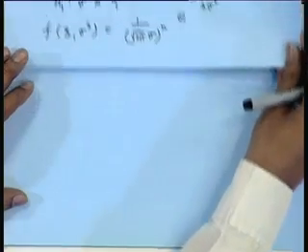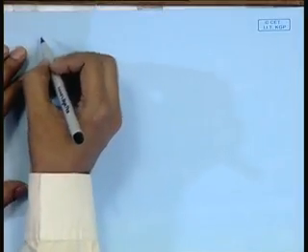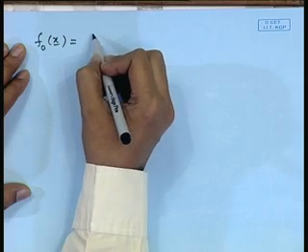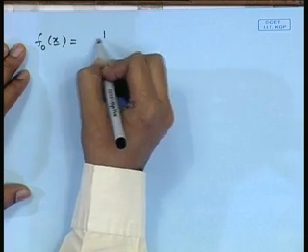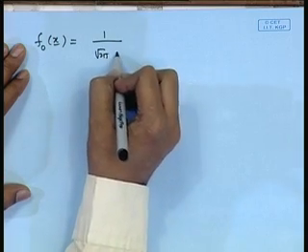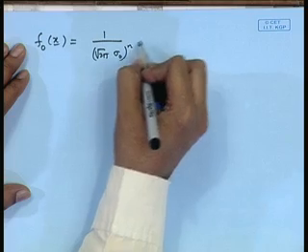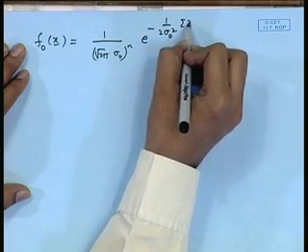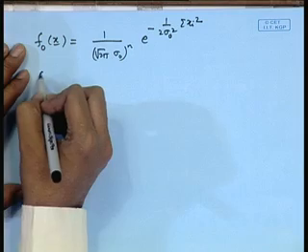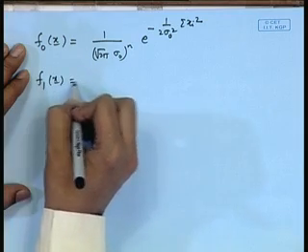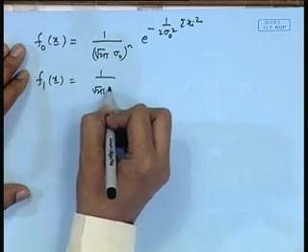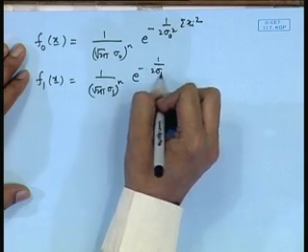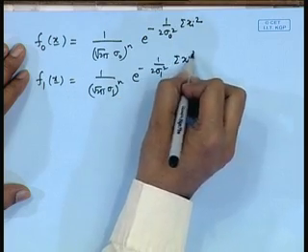So, we write down this value corresponding to the null and the alternative hypothesis. When sigma square is equal to sigma naught square, this becomes 1 by root 2 pi sigma naught to the power n, e to the power minus 1 by 2 sigma naught square sigma x i square, and f1(x) in a similar way becomes 1 by root 2 pi sigma 1 to the power n, e to the power minus 1 by 2 sigma 1 square sigma x i square.